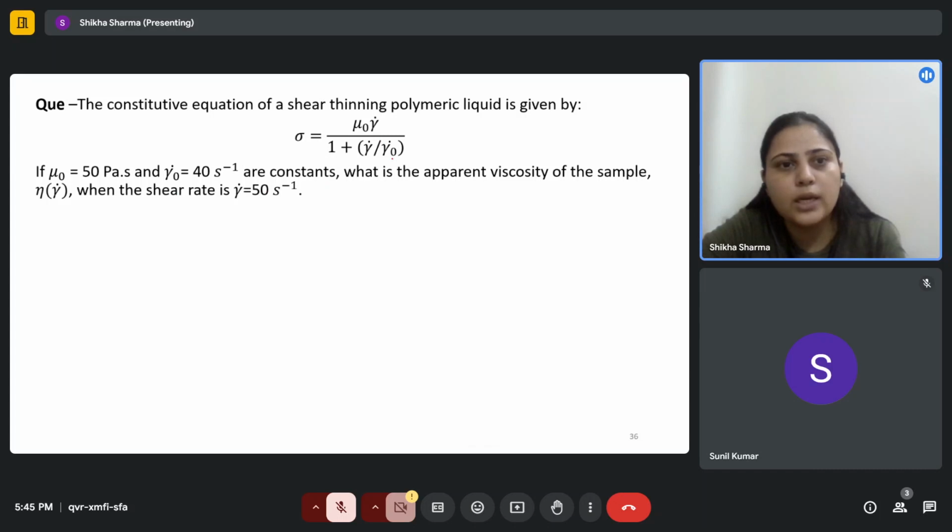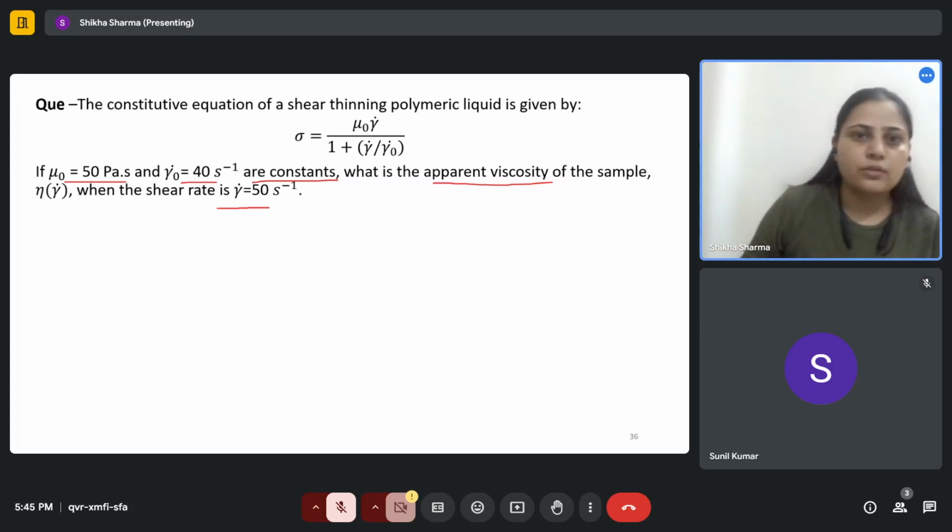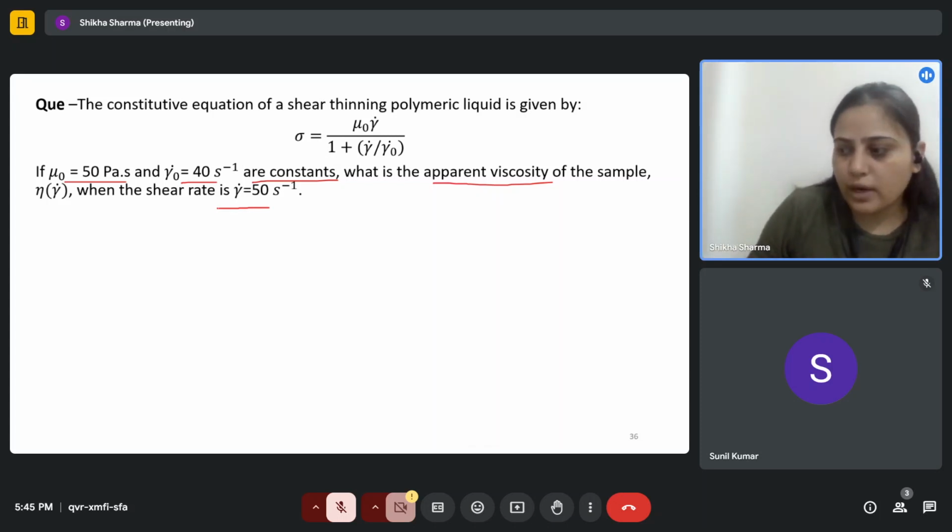These constant values are given: mu naught equals 50 pascal second and shear rate naught equals 40 second inverse.